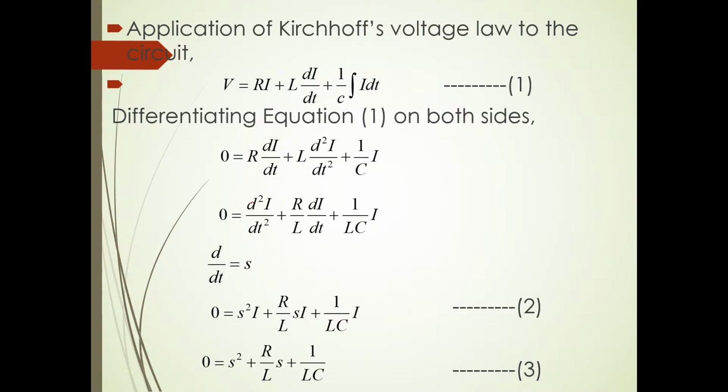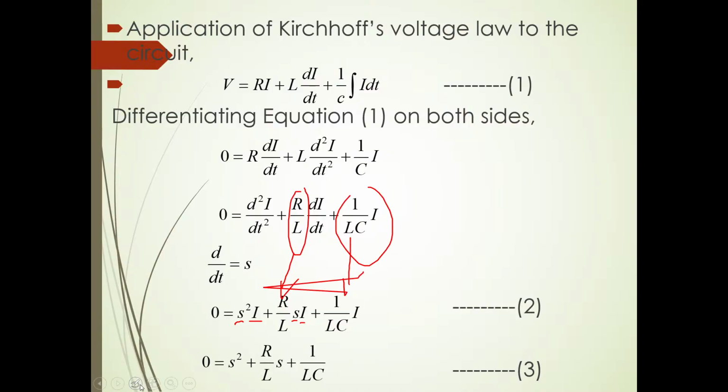So d square by dt square will become s square into I, plus R by L is constant, you can write it as it is. D by dt is nothing but s, so s into I, plus here there is no d by dt term, so we write this term as it is.